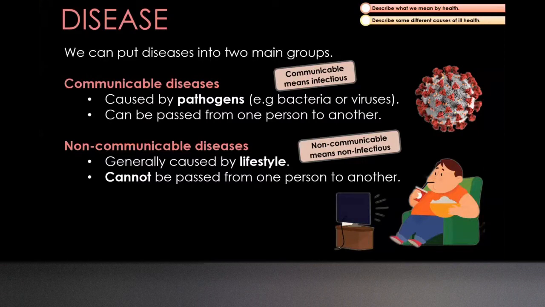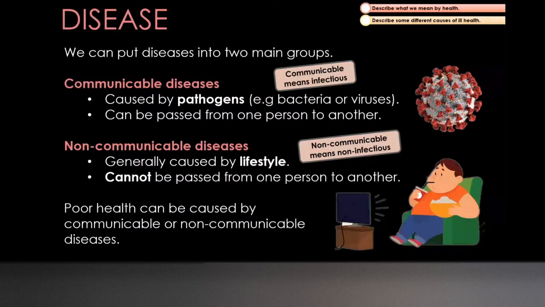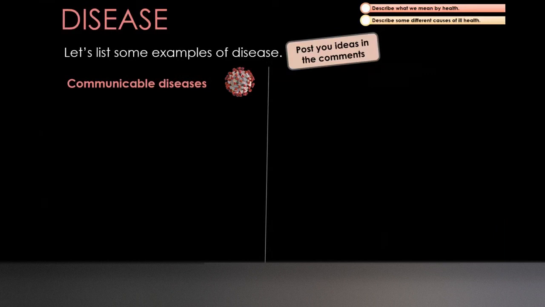If you were to get a disease like, for instance, lung cancer, that's not contagious. It's not something that you can pass to someone else. It's not something you can communicate to someone else. It is a non-communicable disease. So we can have poor health. Remember, we're talking today about health. Poor health can be caused by communicable and non-communicable diseases.